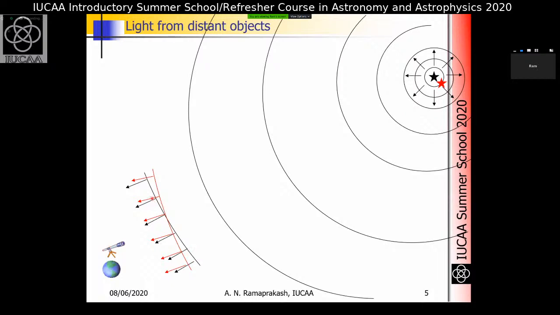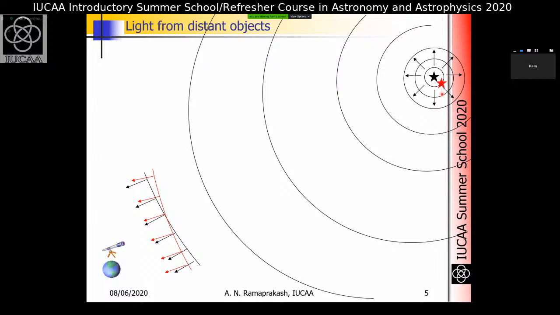Which means the rays arriving on Earth from the red star arrive at a slightly different angle compared to the rays arriving from the black star. If the telescope is able to distinguish these angles, it will allow you to see these two stars as two stars. Otherwise, if it's not able to distinguish this angular separation between the rays, it will see this as one blob of light, and that detail is lost.